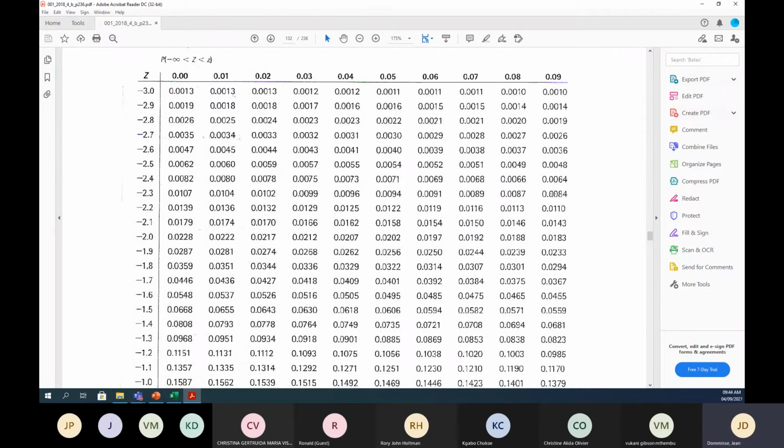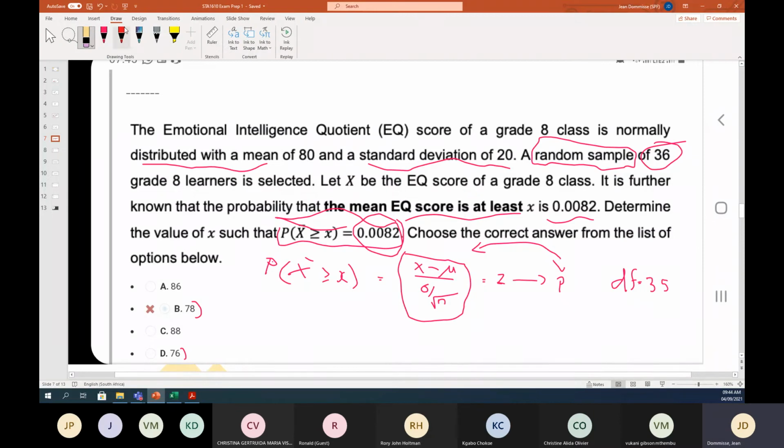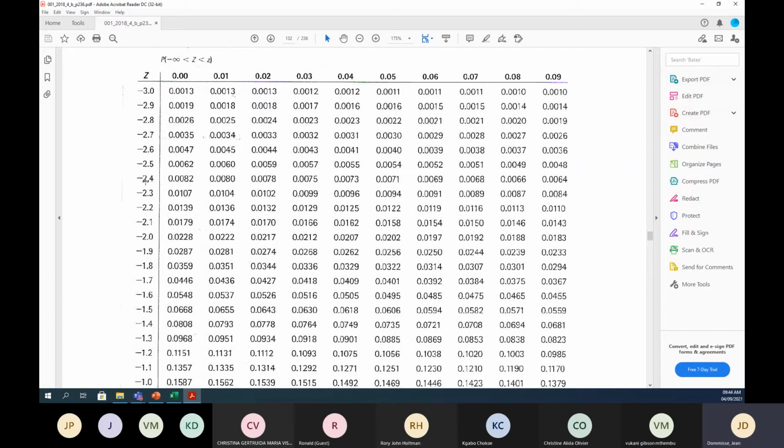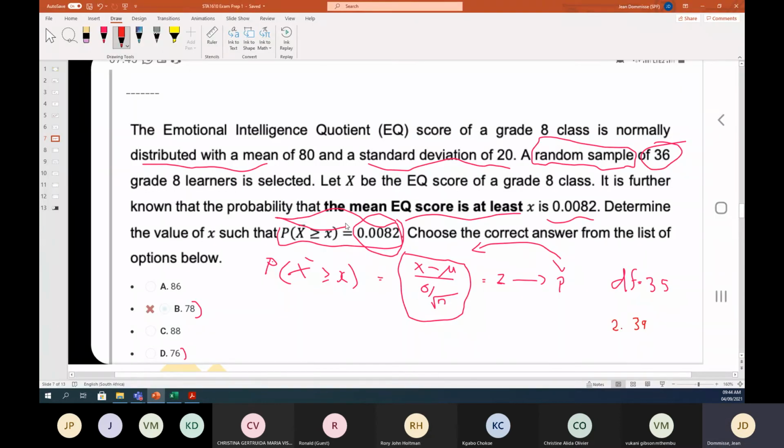Okay, so I would have used minus 2.39, then 2.39. Okay, so is the minus 2.4 closer? Ah, how did I miss that one? Awesome. Minus 2.4. Thank you. Because it's on the bigger side, it is 2.4.